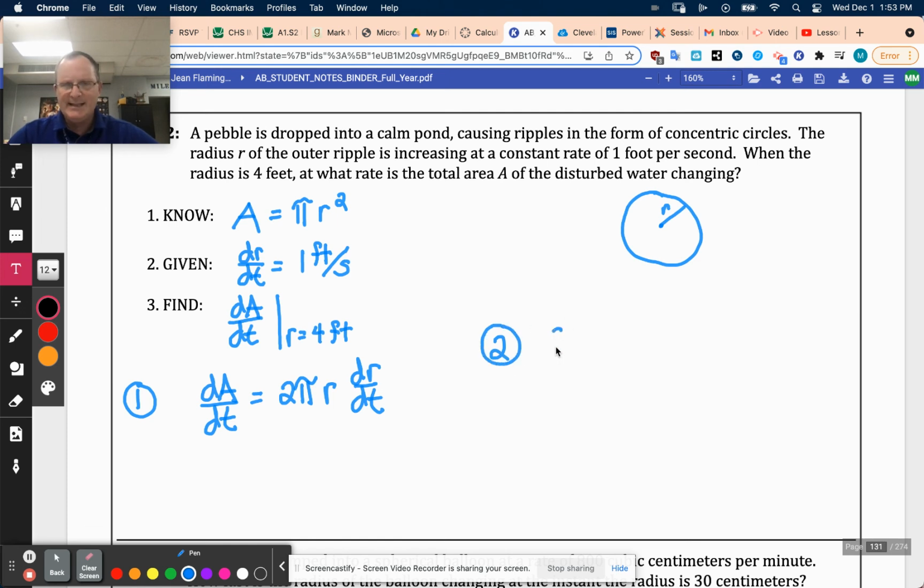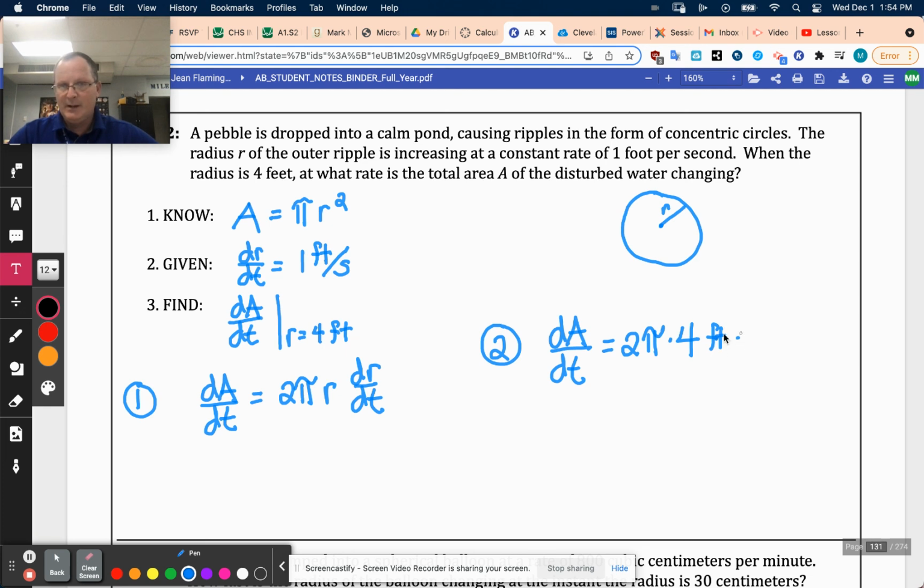So dA/dt at that particular moment is going to equal 2 times pi times the radius, which was 4 feet, right?